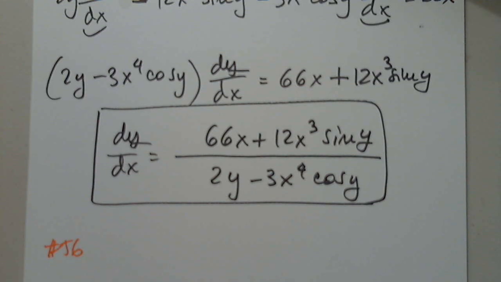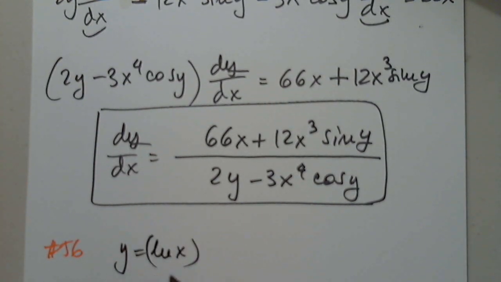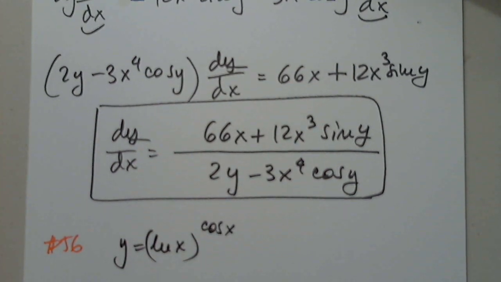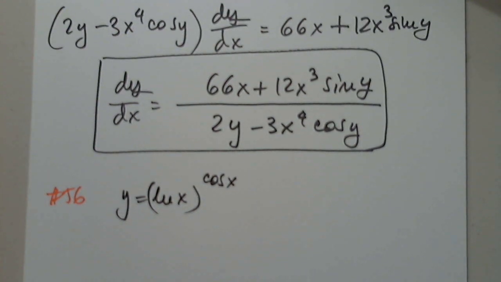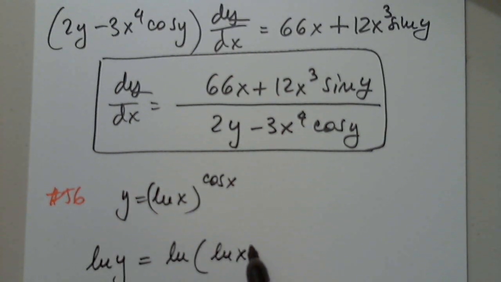Okay, 56. So y equals natural log x, everything to power cosine x. Do not be afraid of these. If you follow the steps, if you understand the steps and practice them, you will never have any difficulty here. First step is this. Step 2 is apply log. So I have natural log y equals natural log of natural log x to power cosine x.